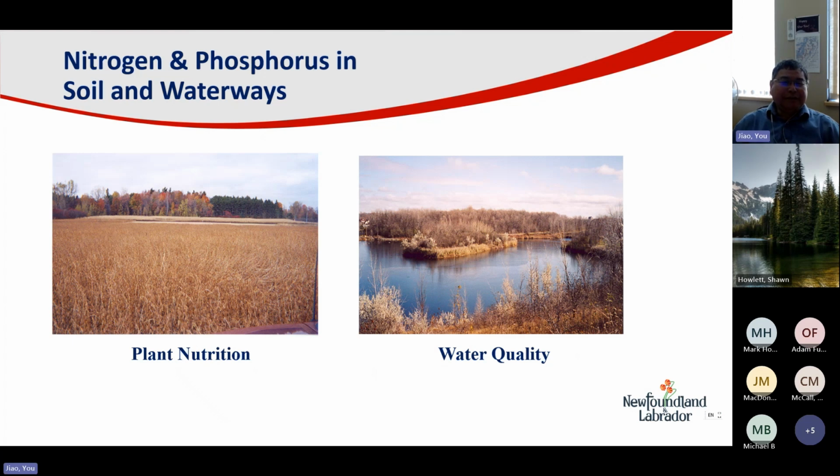With nitrogen and phosphorus in soil and waterways, like in the farmland and cropland, we want to keep the nutrient as much as possible in the field for plant nutrition. We don't want the nutrient, which we spent money on, even purchasing fertilizer, to leach to the waterways.